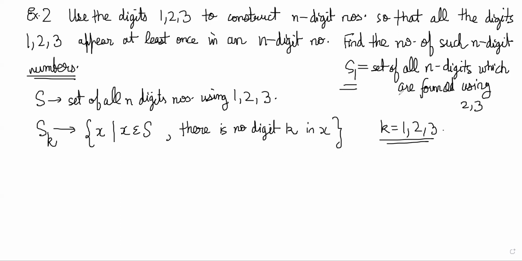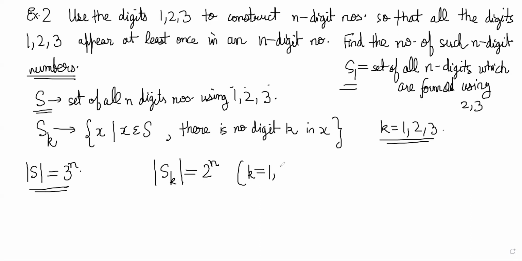And similarly, S3 doesn't have 3, right? Now, what is the number of elements in this set? Mod of S would be equal to, for each of the n digits, there are 3 options here, 1, 2, or 3. So it is simply 3 power n, right? And mod of Sk would be 2 power n, because here k can be 1, 2, or 3.